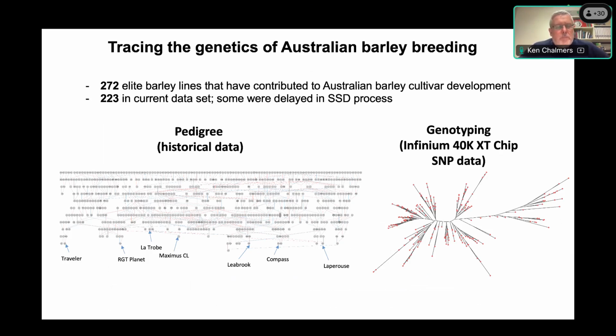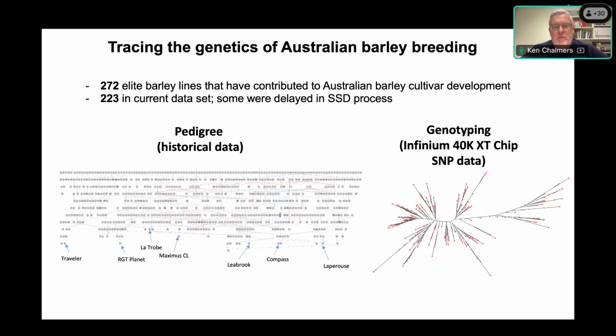So we built a pedigree based on historical data, and you can see a representation of that here. And we also used the SNP data to build a pedigree network as well, based on the 40K data. What we were expecting, and what we actually saw, was that although they're very similar, they're not identical.